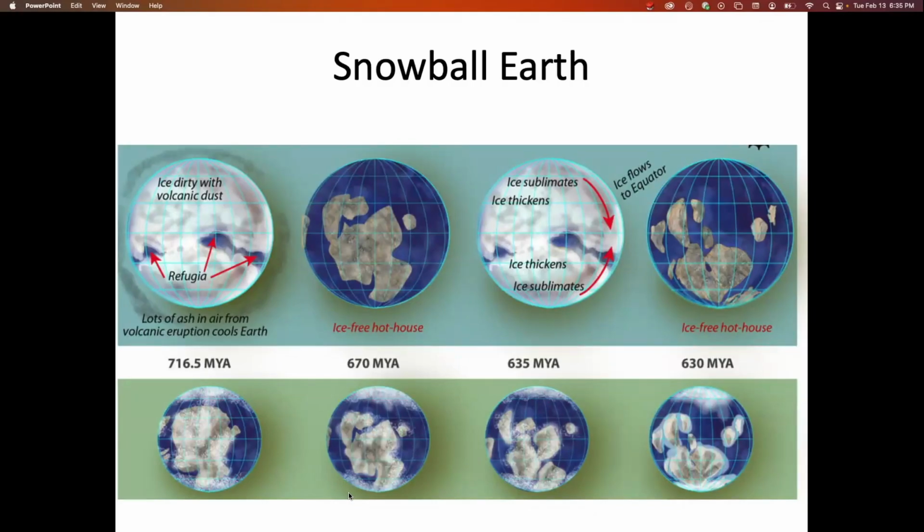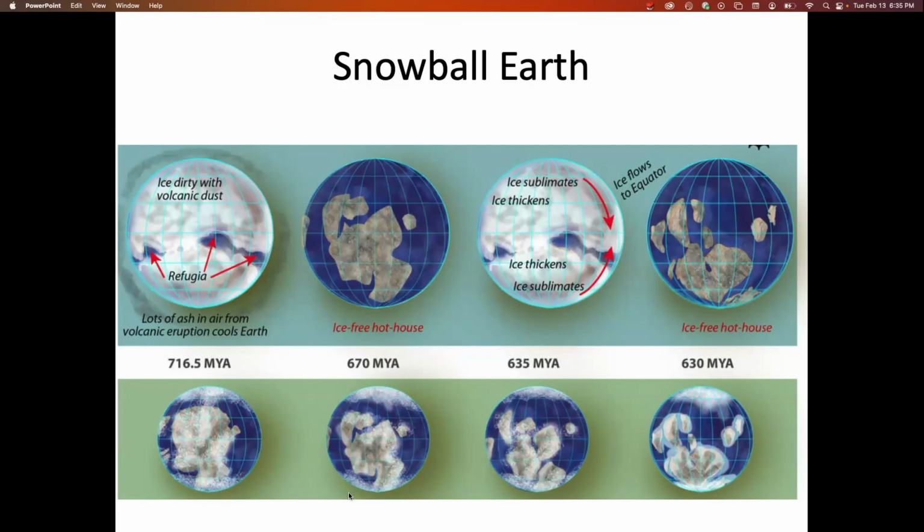It was leading to these very cold conditions in the atmosphere, blocking out the sun with volcanic dust. That put us into a worldwide glaciation, except for these little bitty places around the equator that were largely free of ice, these refugia. And we stayed locked up in ice for many tens of millions of years.